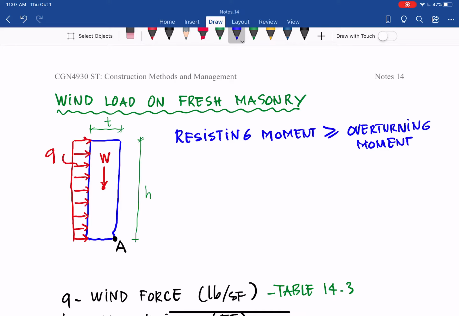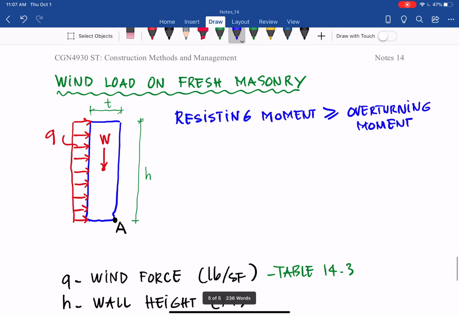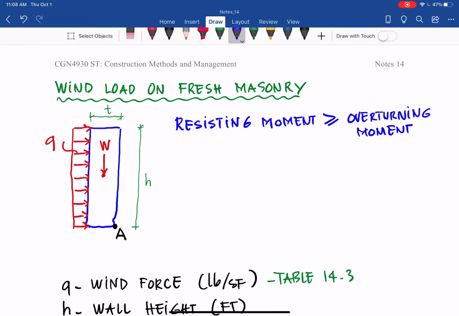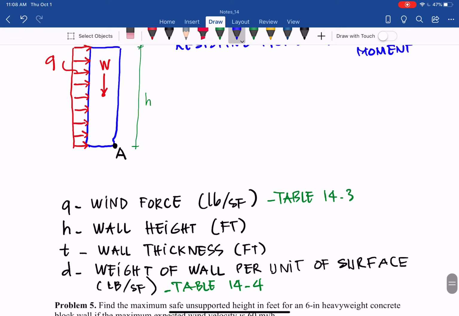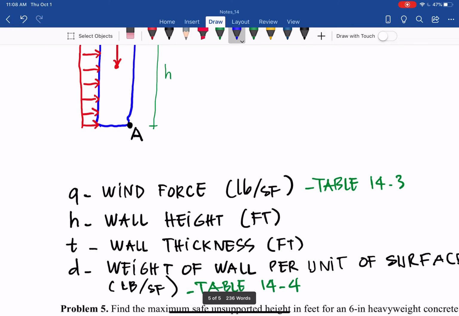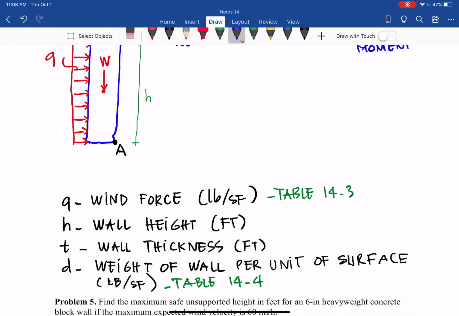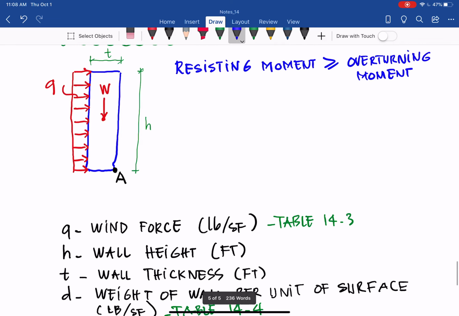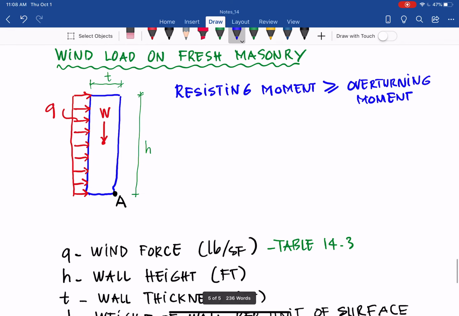So the resistance moment, let me define the weight of the wall. If we consider 1 linear foot, for example, then the weight of the wall will be equal to the unit weight, d, as defined below here, the weight of the wall per unit of surface, times the height.